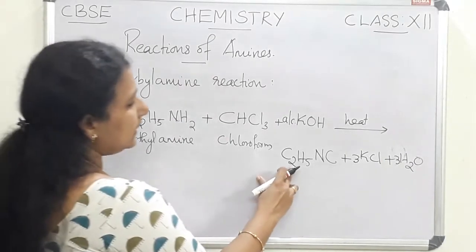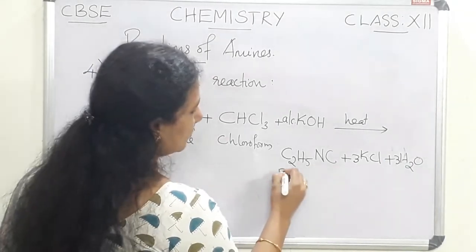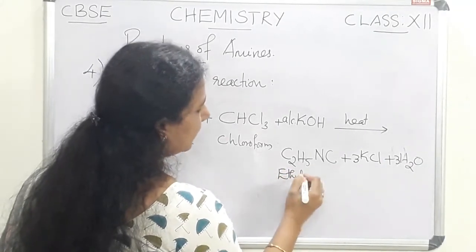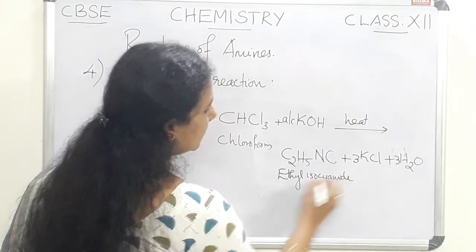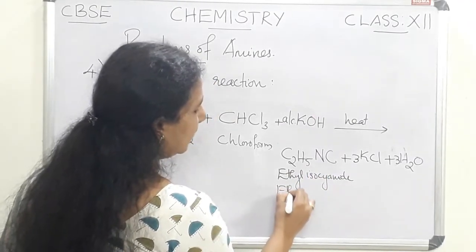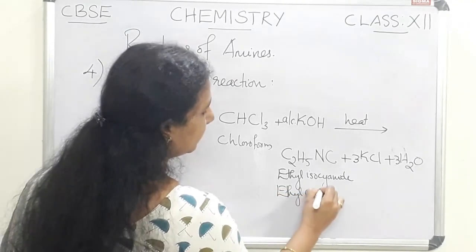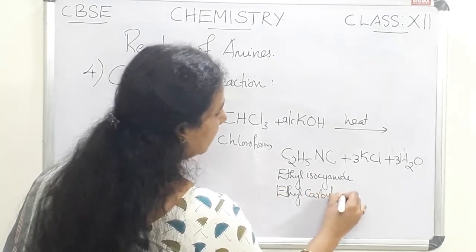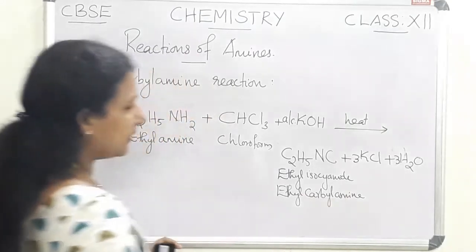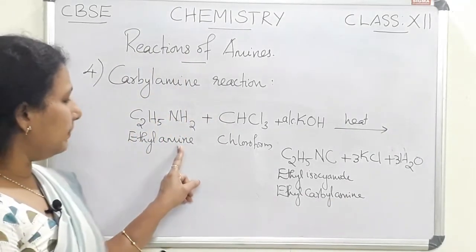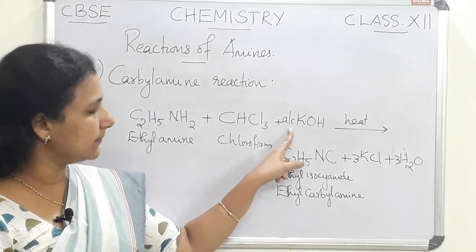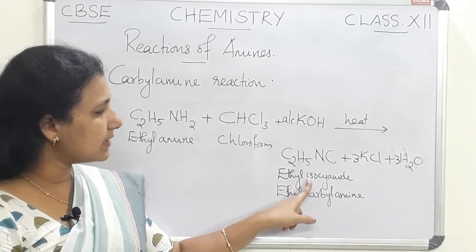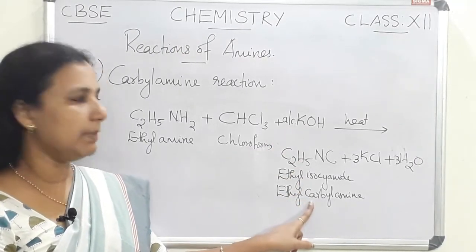So this is called ethyl isocyanide, or we can say it is ethyl carbylamine. So ethylamine reacts with chloroform in presence of a strong base and produces an isocyanide or carbylamine.